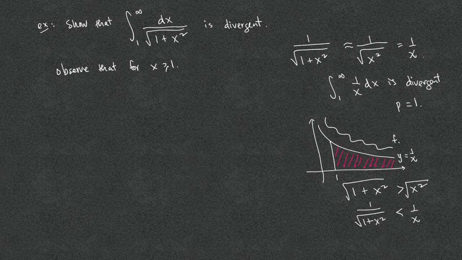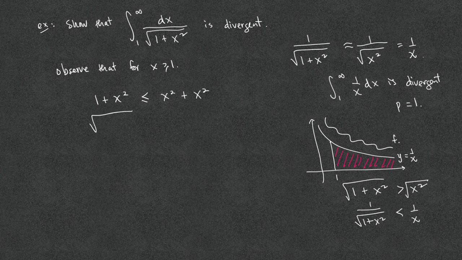Observe that for x greater than or equal to 1, this is a very clever trick. 1 plus x squared is less than or equal to x squared plus x squared because x is greater than or equal to 1.